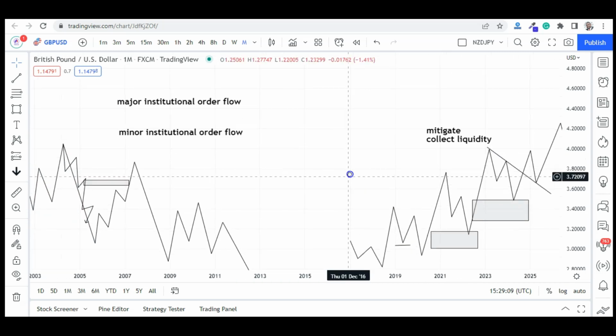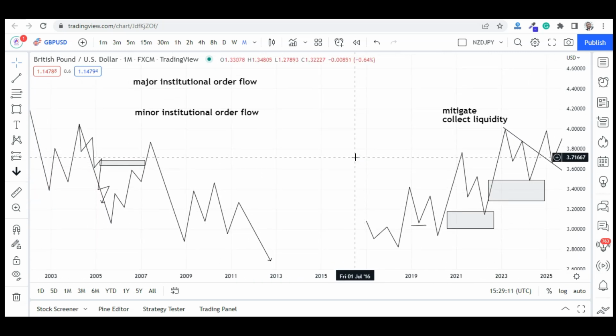So what are you supposed to do as a trader? You are supposed to identify the major and minor order flows. Where are the banks, the big players, moving price to? If it's bullish, you position yourself, create a trading plan to get in and move along with the trend. If it's bearish, you do likewise.